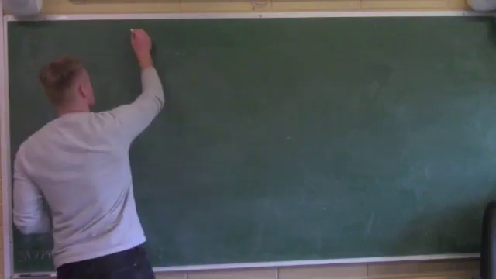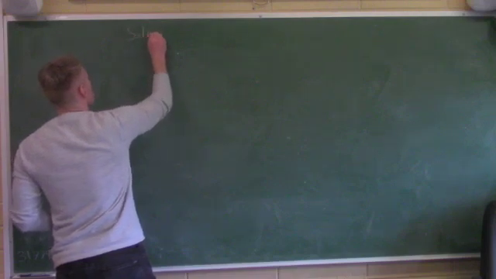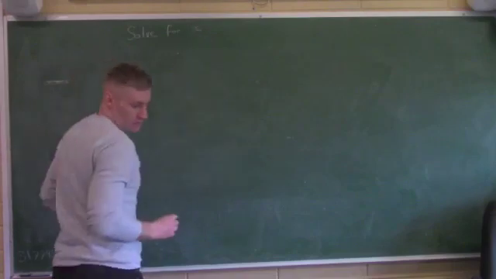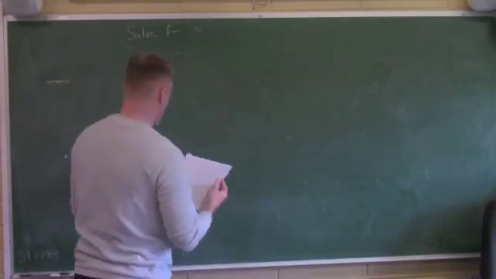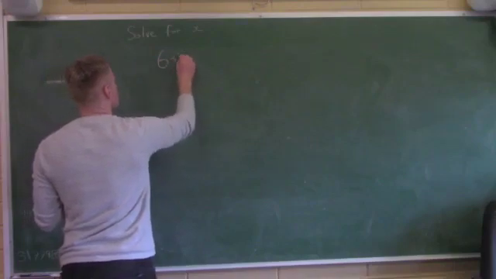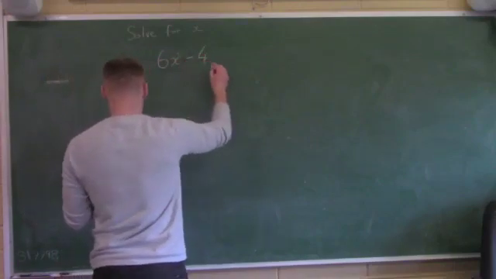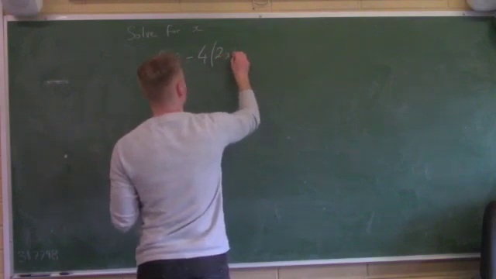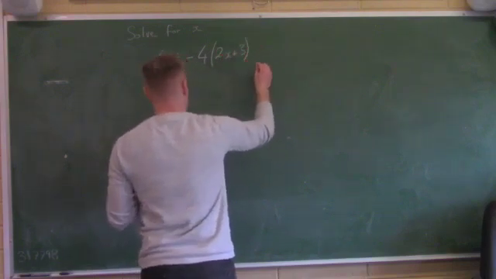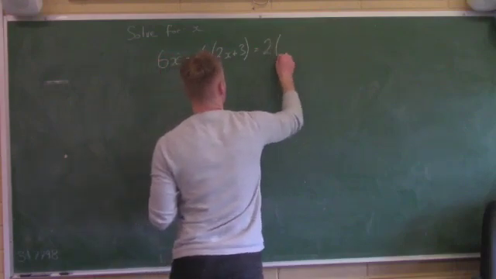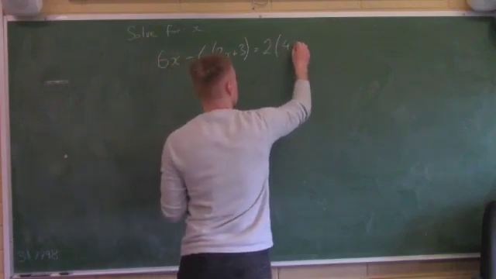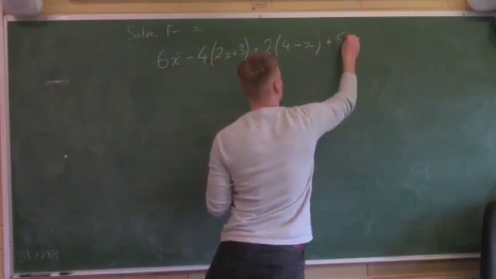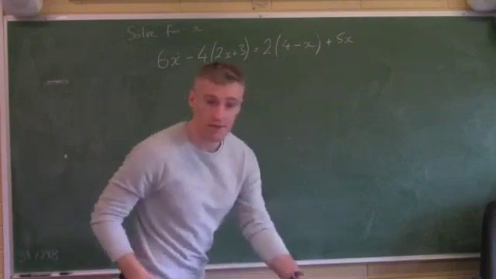The question is: solve for x. 6x minus 4 brackets 2x plus 3 equals 2 brackets 4 minus x plus 5x. Okay. Right, so that's the question.